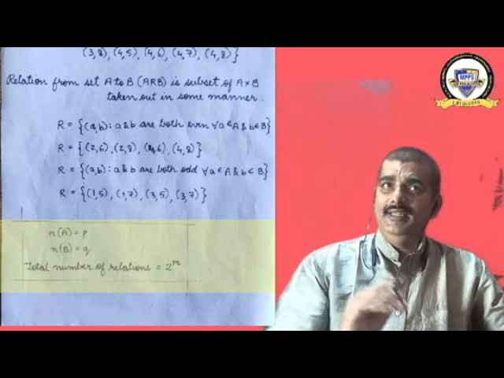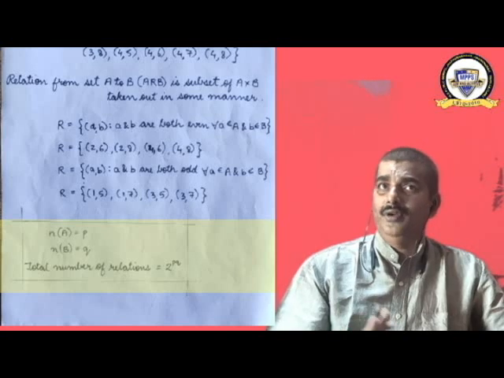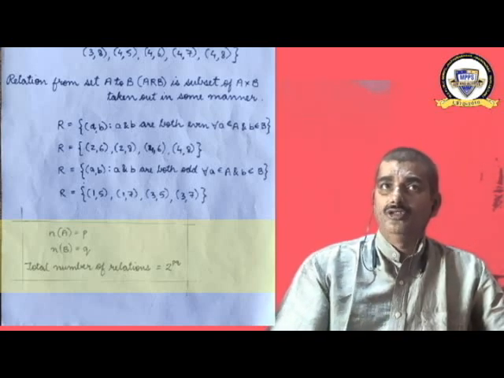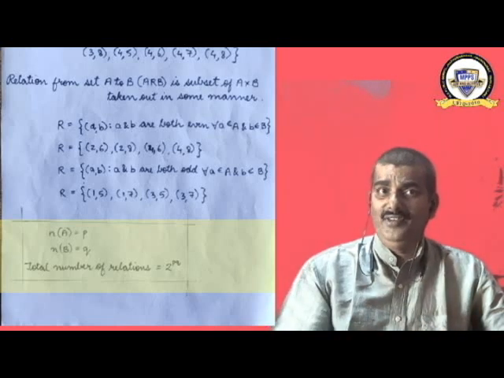See, the number of elements in A is 4, and in B it is also 4. So how many subsets you can prepare, that you also studied in 11th standard.